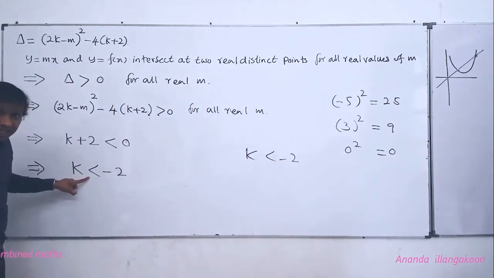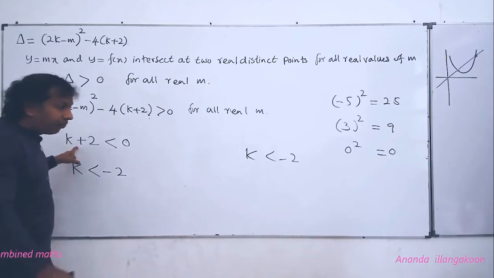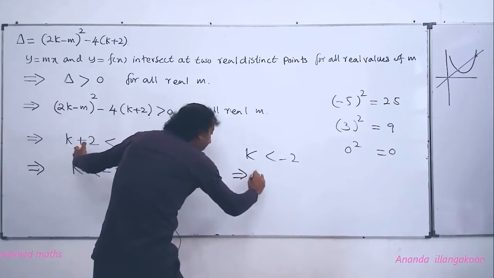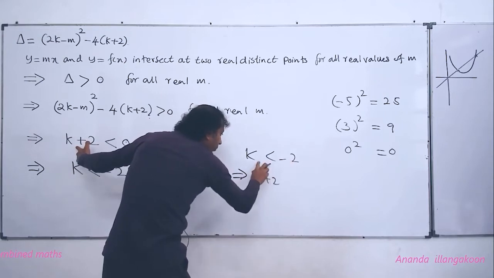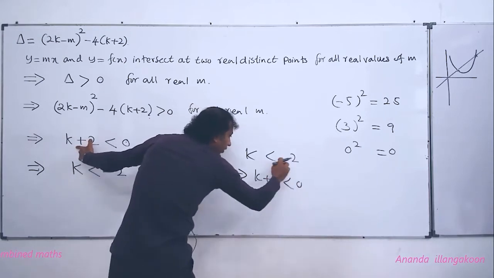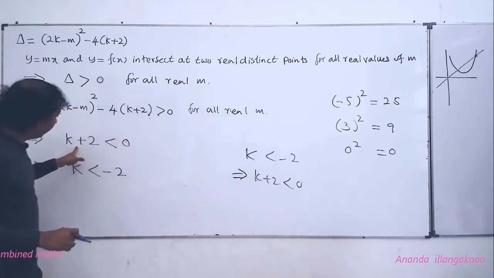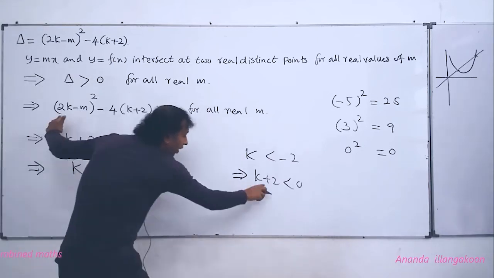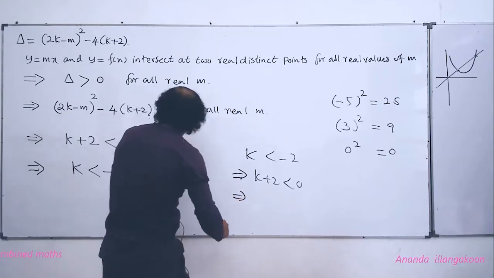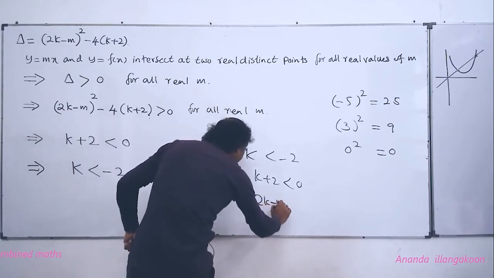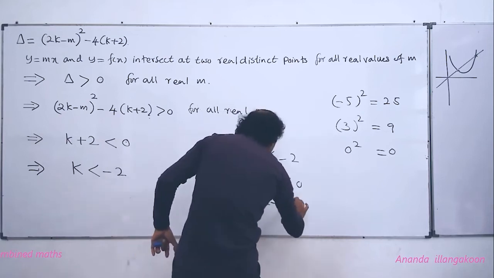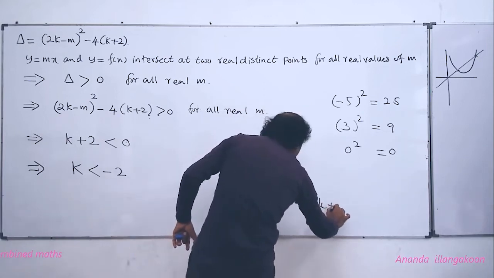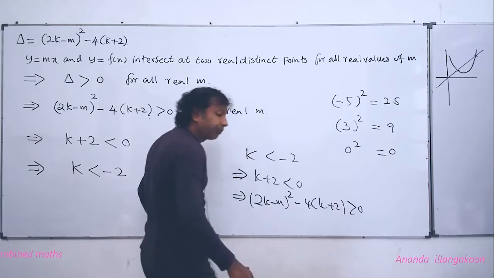This one implies this. Then we have to write the next one as k plus 2. Once you take this to this side, this becomes negative. This one we got. By that we can write this. This implies this thing: (2k minus m) perfect squared minus 4(k plus 2) greater than 0.